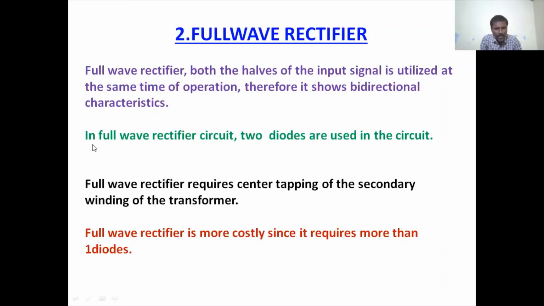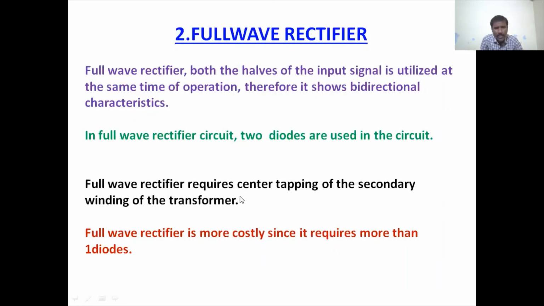Second, in a full wave rectifier circuit, two diodes are used in the circuit. A full wave rectifier requires center tapping of the secondary winding of the transformer. So there is a center tapping of the secondary winding of the transformer. Why?